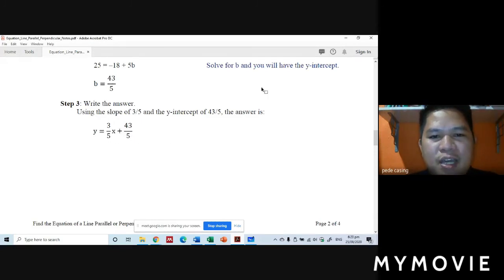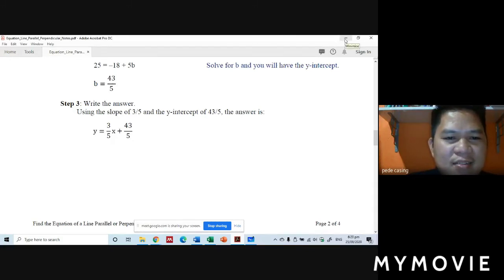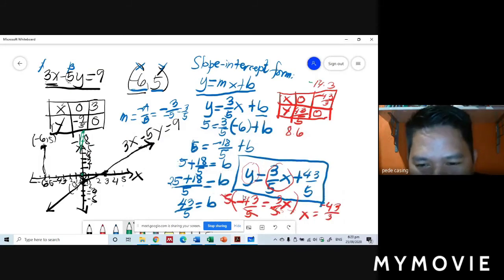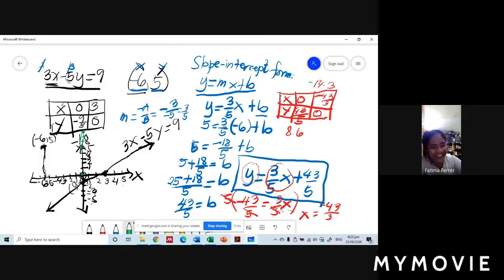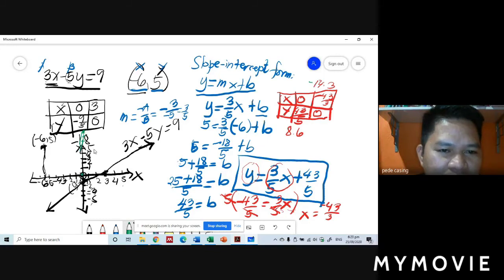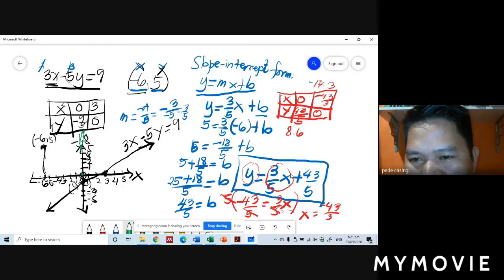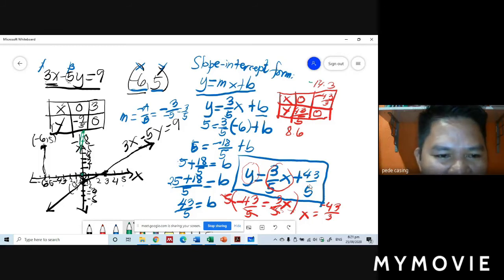So atong i-review ha. 43 over 5, mao siya ang atong y when x is 0, which is 8.6. So y is 8.6. This one, ang x daw nato is negative 14.3.